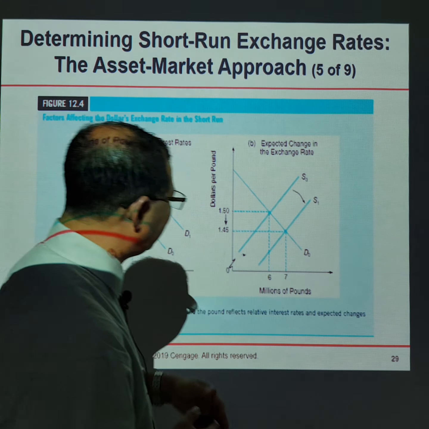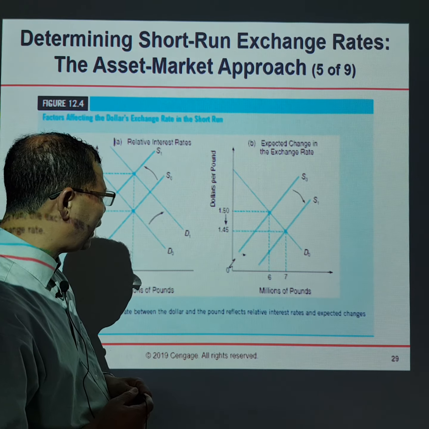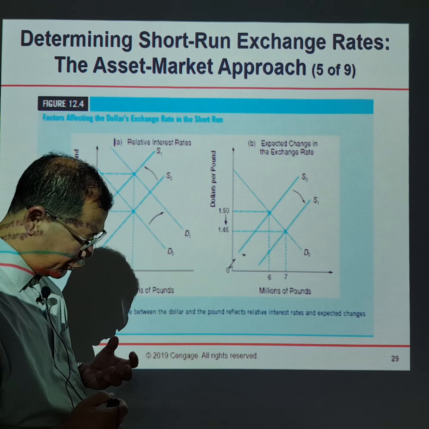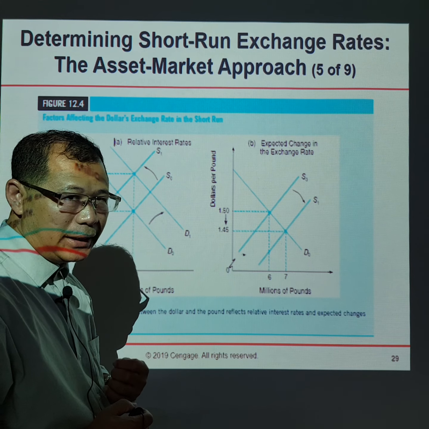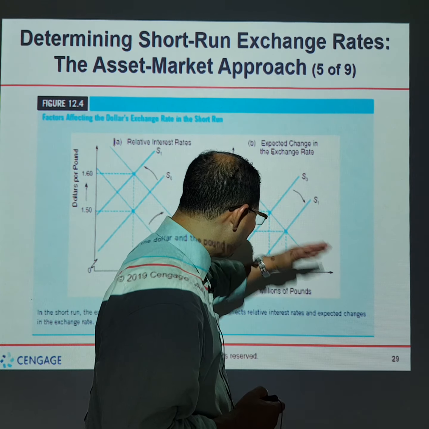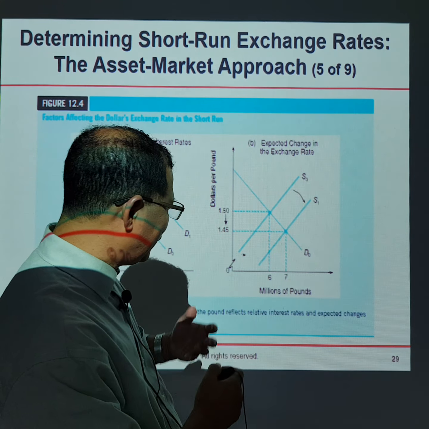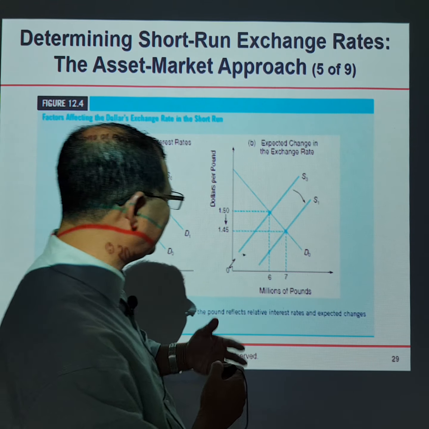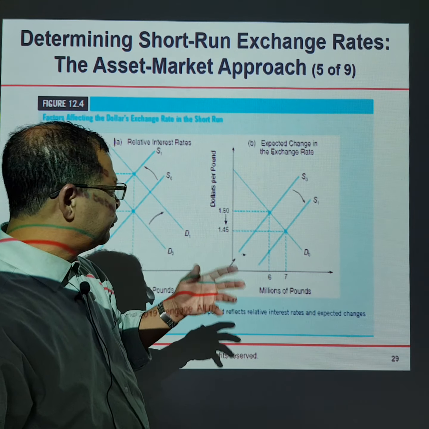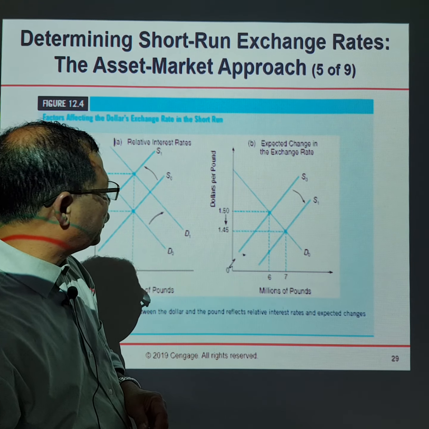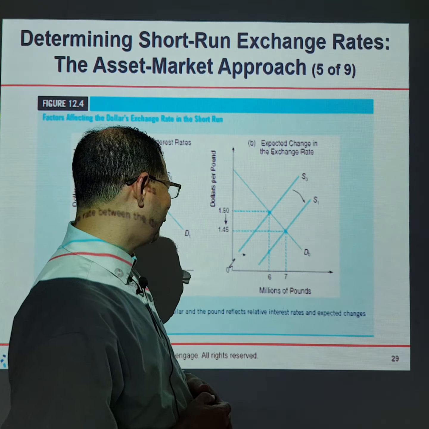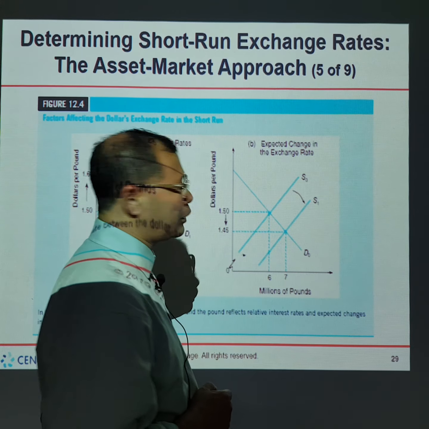As a result, there's going to be more supply of pounds, because UK investors will be coming to the US and they're going to need more dollars, so they supply more pounds. So the conclusion for B: if there is an expectation of an increased interest rate in the US in the future, there's going to be appreciation of the dollar.